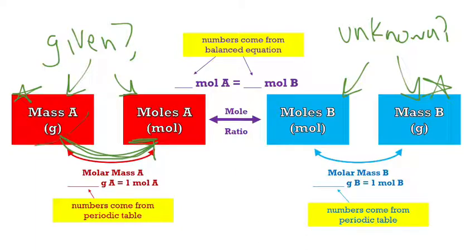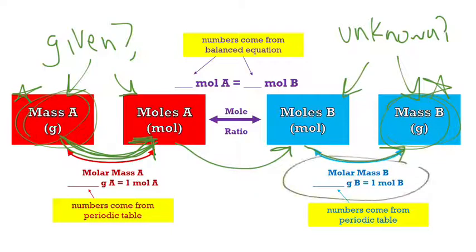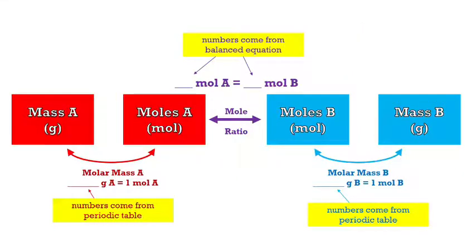If I'm starting with grams and I'm ending with grams, that's those problems that have three conversions. You start with a molar mass, and you do a mole ratio, and then you end with another molar mass of that second substance. So that's how I'm going to be using this, and it makes a lot more sense when I put some real questions to it instead of just dealing with this A and B stuff.